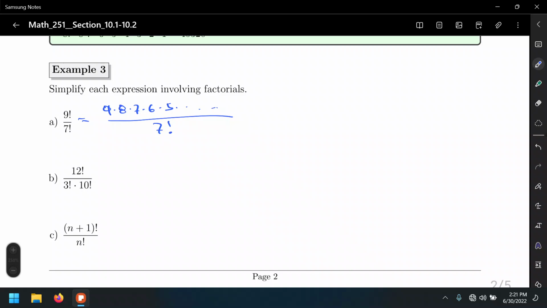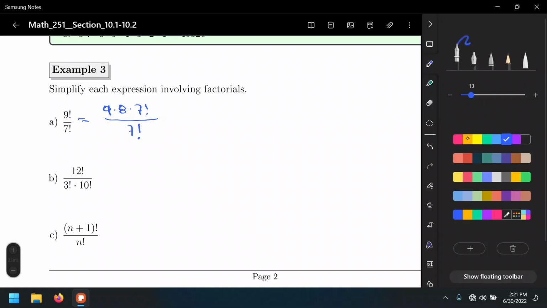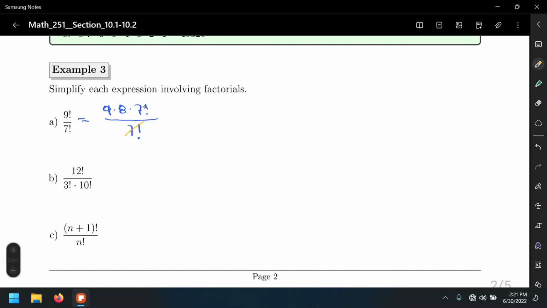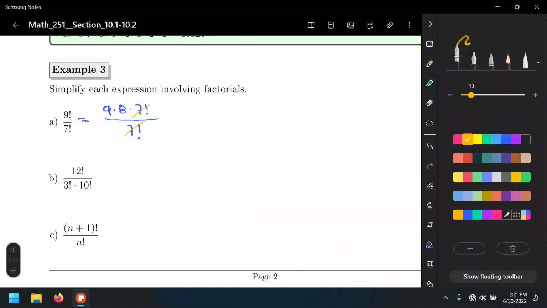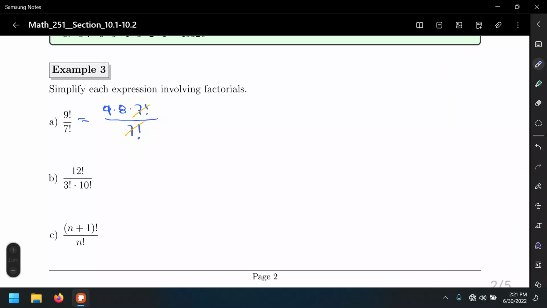But do we really need to expand too many numbers? Not really. We could do 9 times 8 times 7 factorial, so we can cancel this 7 factorial with the one in the denominator, and our final answer is 9 times 8, which equals 72. All right?